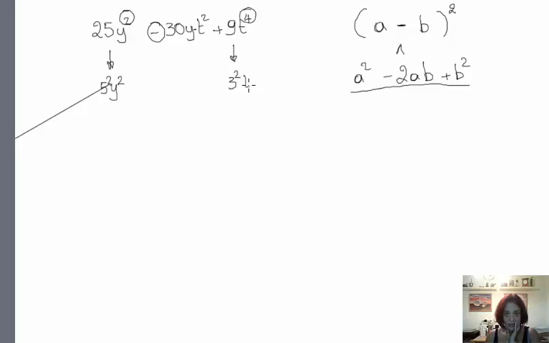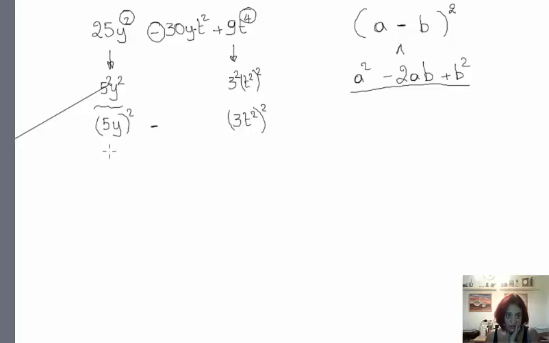Now t to the fourth is nothing else than t squared squared. So if we take the exponent 2 out, then we can write this as a perfect square, (5y) squared. We can do the same for this one. This is (3t squared) and the entire parenthesis raised to the second power.